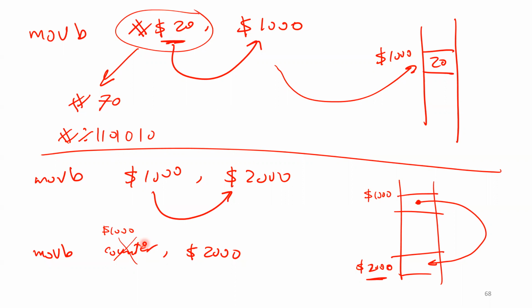So I already defined counter here, and counter is at location 1000. Yes, you can use counter this way, and then the assembler is going to replace counter with the address of this memory location. So it's the same whether you do it this way or this way.